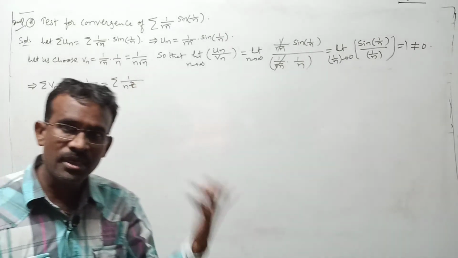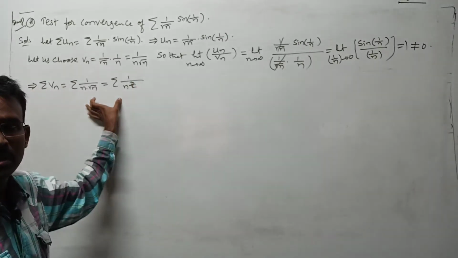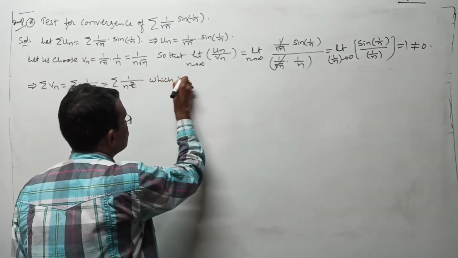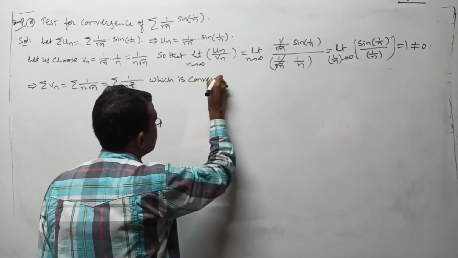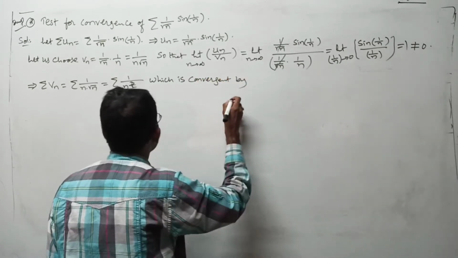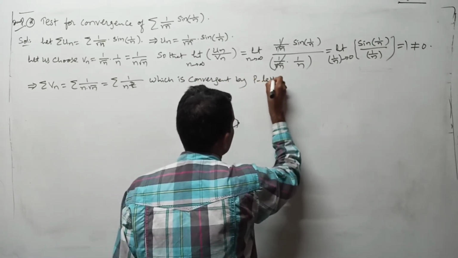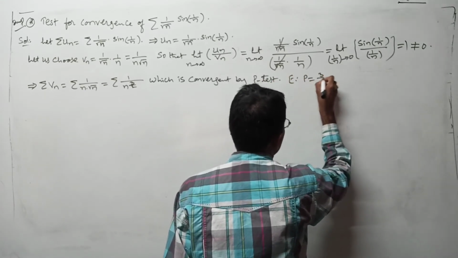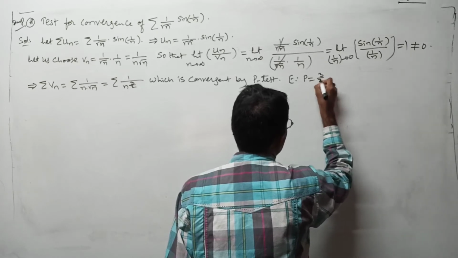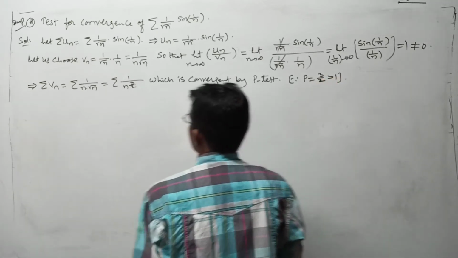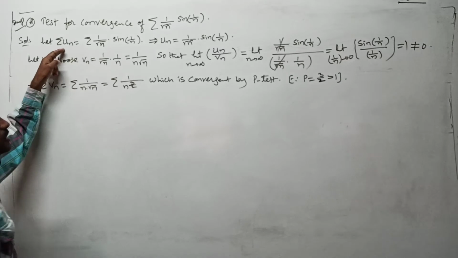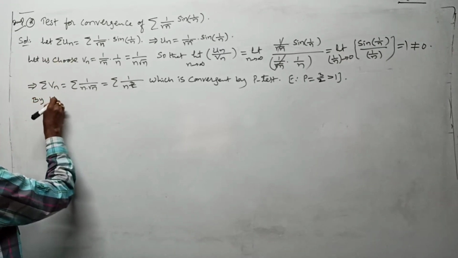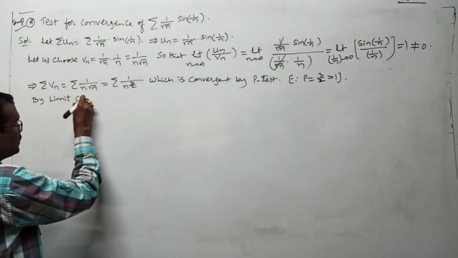By auxiliary series test, sigma Vn is convergent, by p test, since p is equal to 3 by 2 greater than 1. By limit comparison test, the given series is convergent.